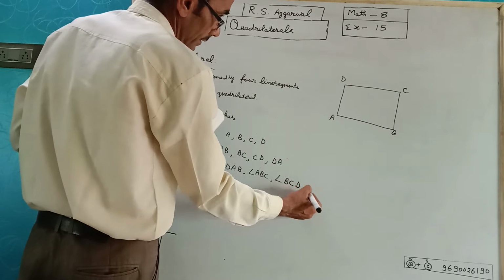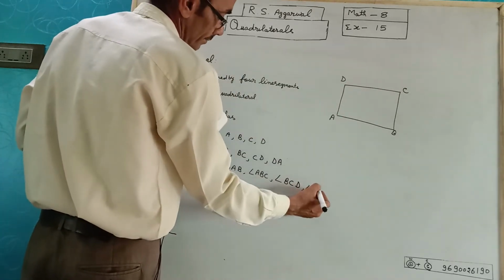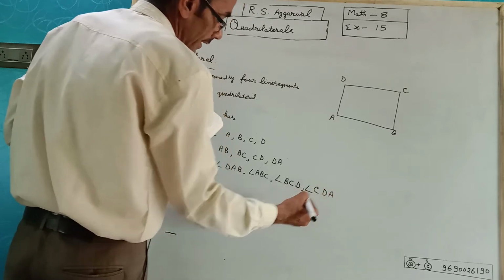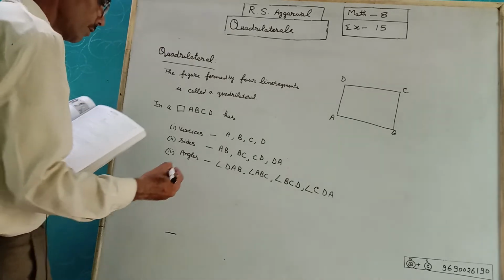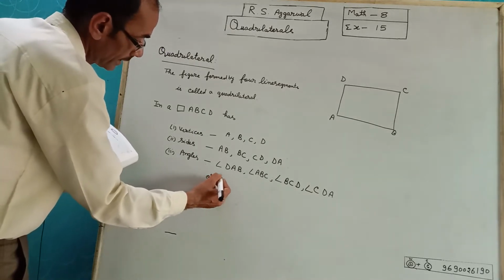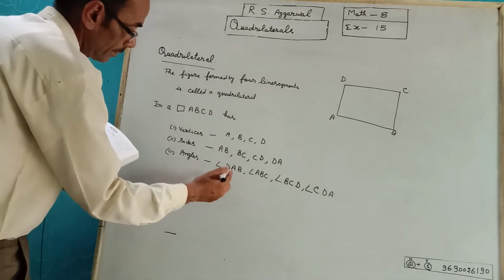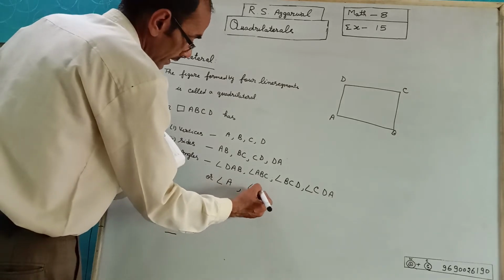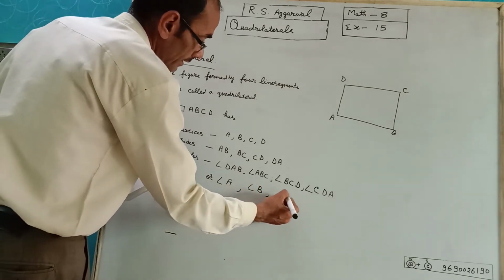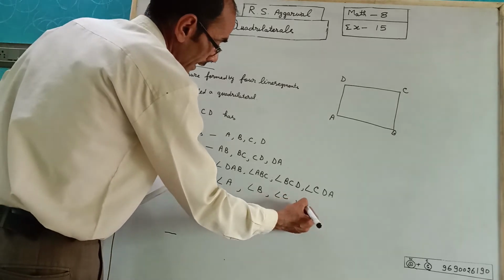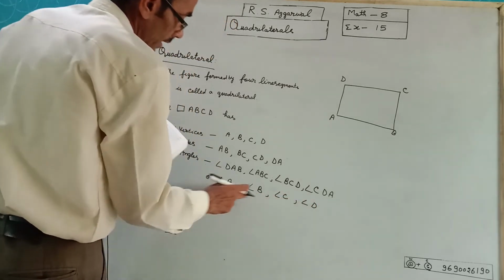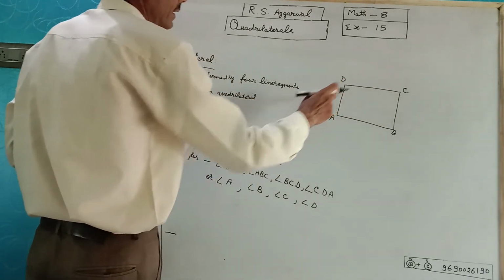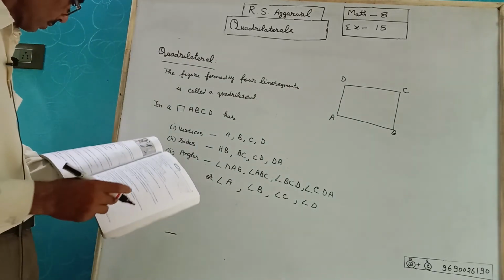Fourth angle is CDA. In standard form you write the angle DAB, and also angle A, angle B, angle C and angle D. These 4 angles are called the interior angles of a quadrilateral.